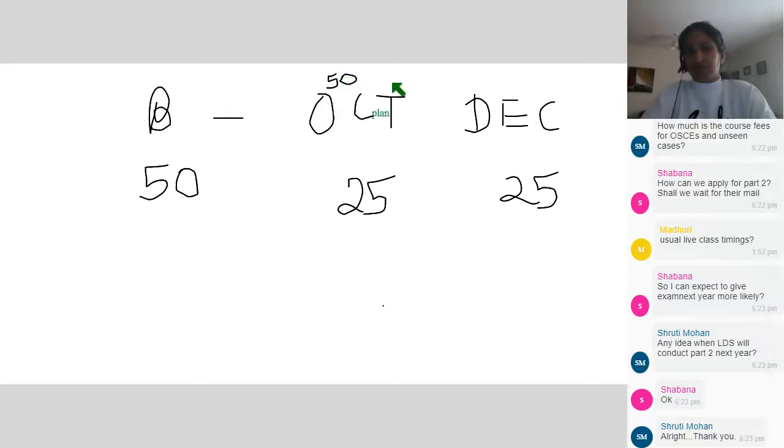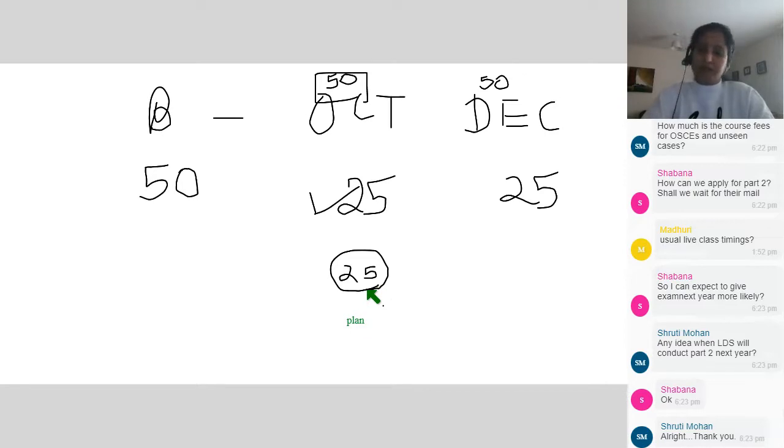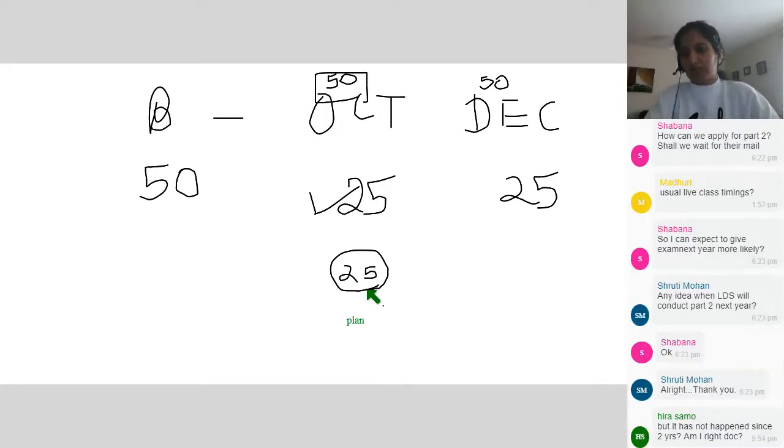I'm just giving a very lame example just so that you understand. Say they have 50 seats, but only 25 people have enrolled. So they have 25 remaining. I think these remaining seats would then be offered to the candidates who just passed their LDS part 1 or who are maybe outside the list. They are still not on the booking list. That's what I think. But best is to email the RCS and understand what's going on over there.